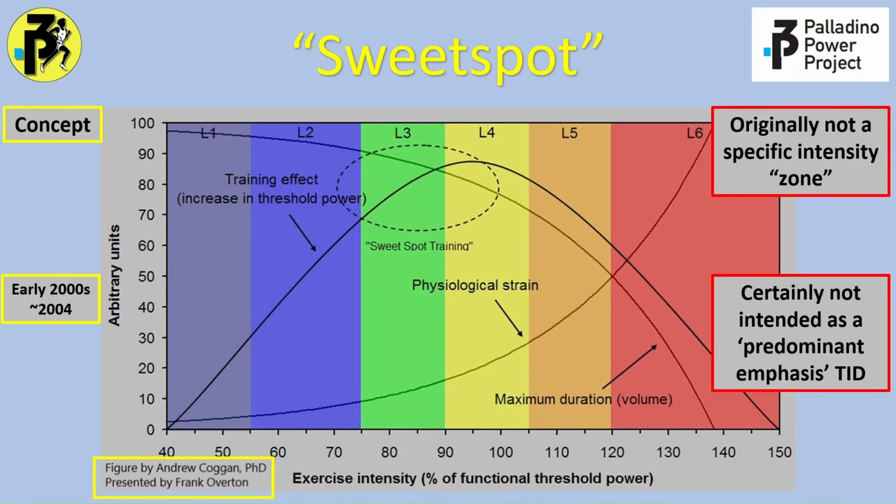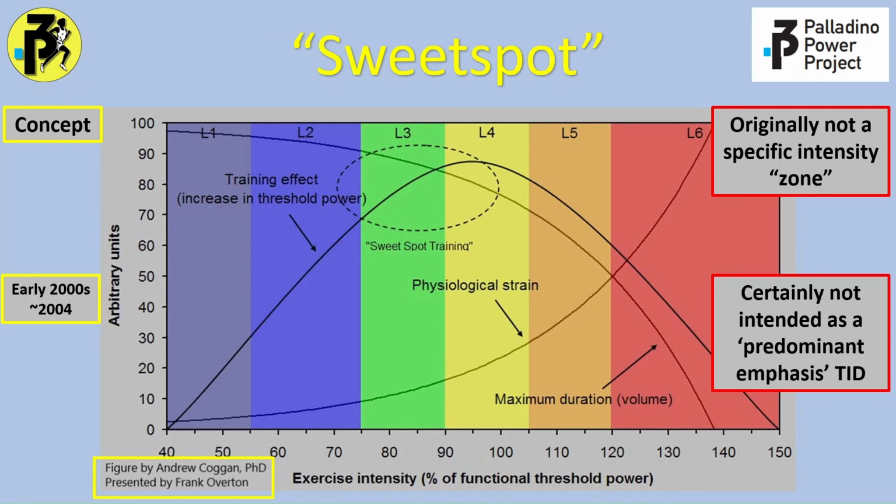So it wasn't intended as such, and unfortunately, there were some scientific research papers that studied training intensity distribution side by side and included what they called threshold TID, which is all in, everything done in the sweet spot. And shame on them, because that's not really a common or suggested training intensity distribution.